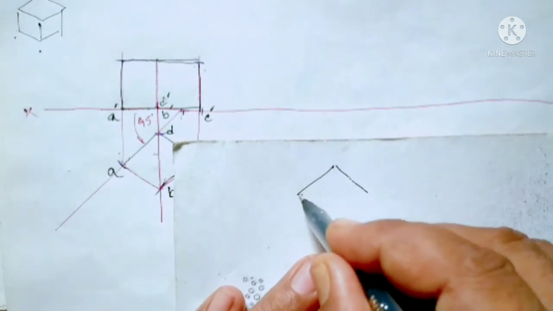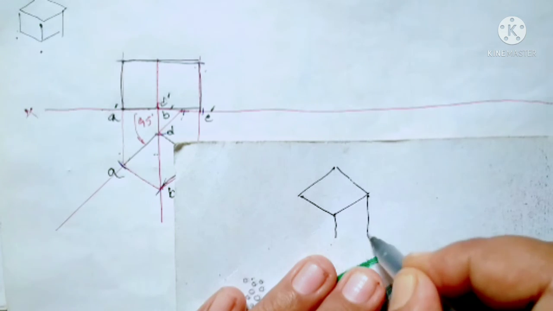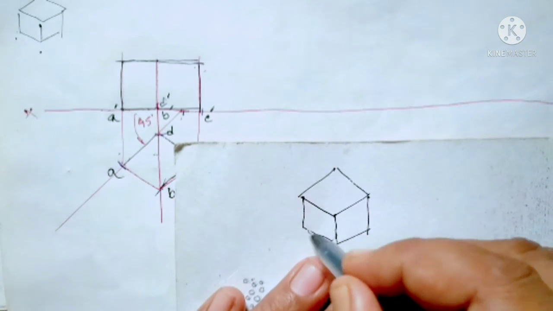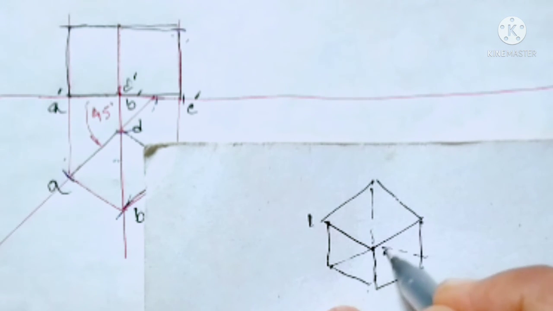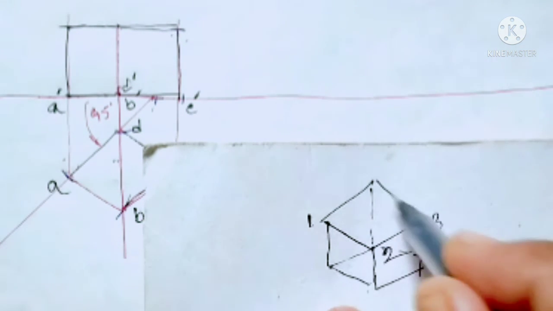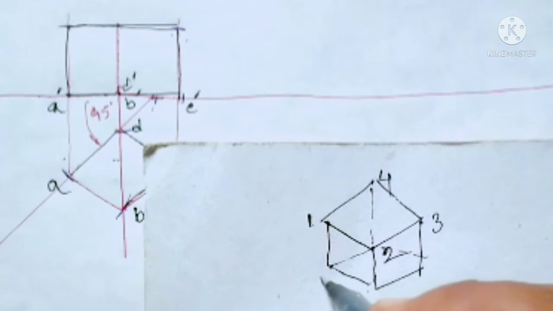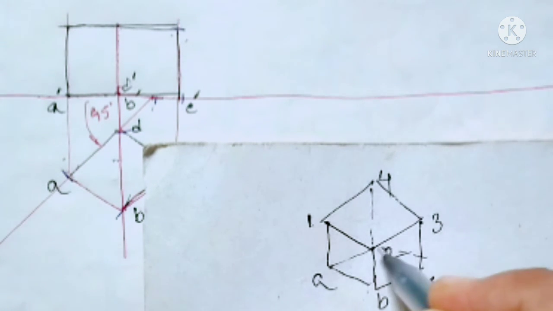Now I am drawing the pictorial view of the cube. After that, we will give the names of the top plane. Earlier we gave the name of base plane ABCD.